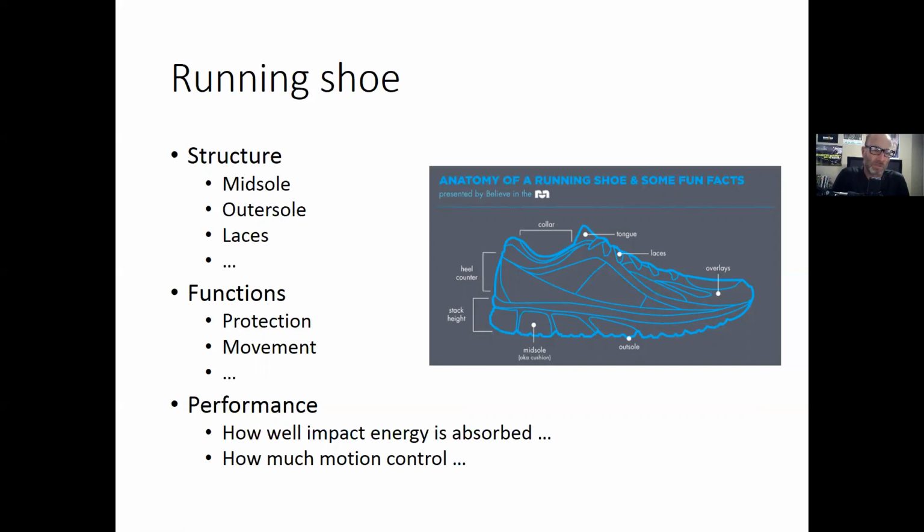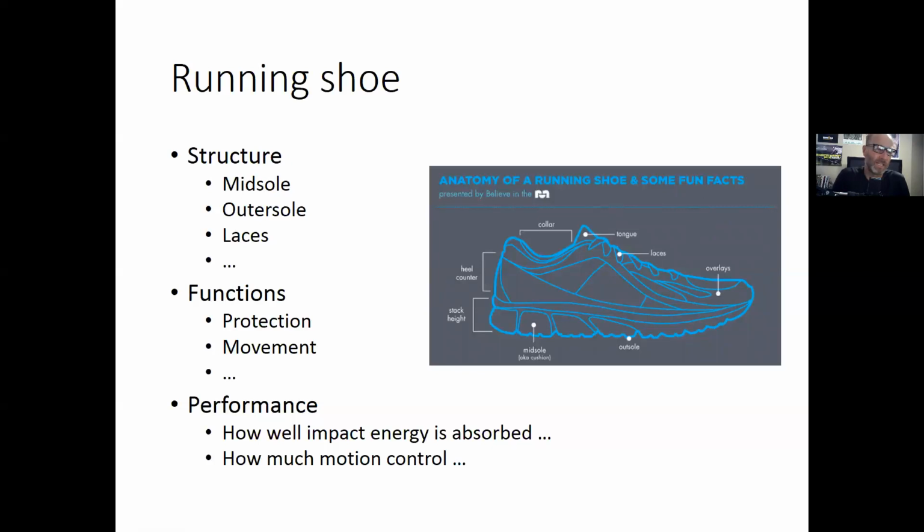If we think of a running shoe, we think of all these different structures involved in building a shoe. We have the midsole, we have the outer sole, we have laces, inner sole, the tongue, the heel counter, some of the material in the toe box. These are all parts of the shoe.